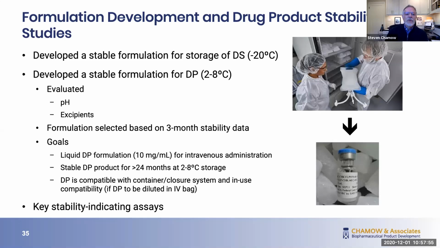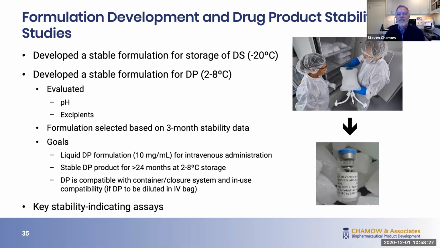The goals here were a liquid drug product formulation at 10 mg per ml for IV administration, a stable drug product for greater than 24 months at 2 to 8 degrees storage, and a drug product that's compatible with a container closure system and in-use compatibility if the drug product is to be diluted in an IV bag, which it was in this case. As I mentioned, very important to these formulation development studies are key stability indicating assays.